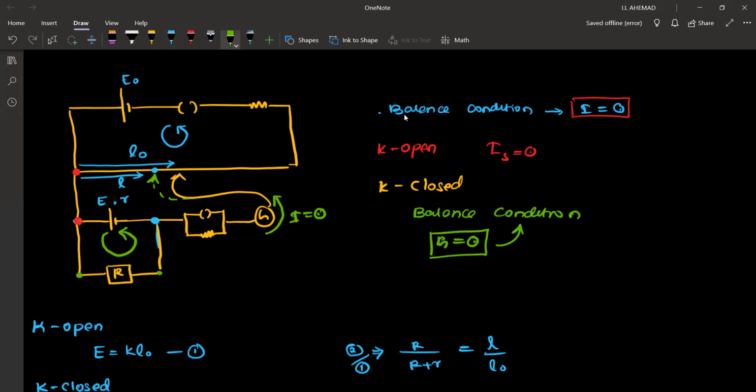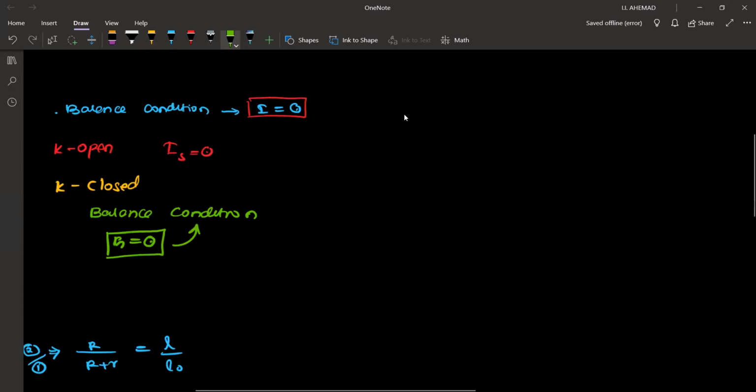Clear with that idea? Now, can you remember when we have a battery, the amount of current that is flowing out should enter the battery.